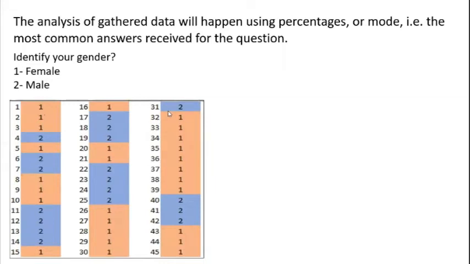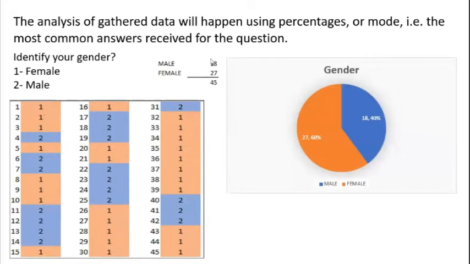So what would be the most frequently occurring value? You would see that the most common answer received for this particular question is number one, and that number one is for female. Here, 18 for male and 27 for female, with a total of 45.